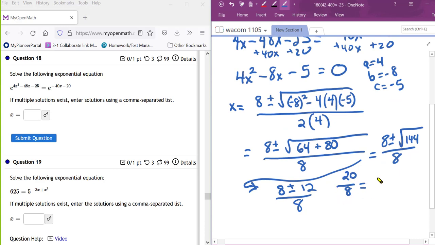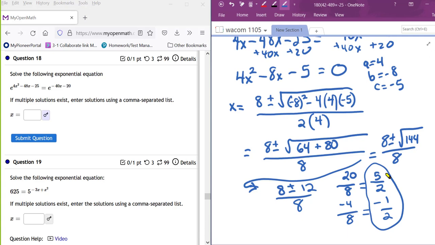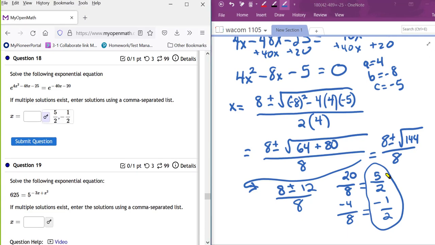A common factor of 4. 4 goes into 20 5 times. 4 goes into 8 2 times. Use your calculator if you need to there. 8 minus 12 will be a negative 4 over 8, which gives a negative 1/2. So these are your answers. And there you go. So you might get a quadratic equation there.